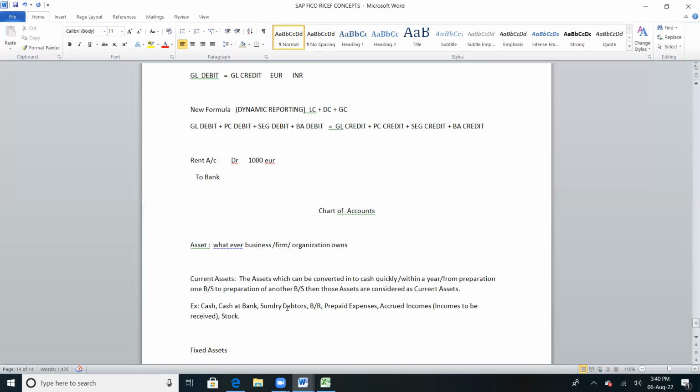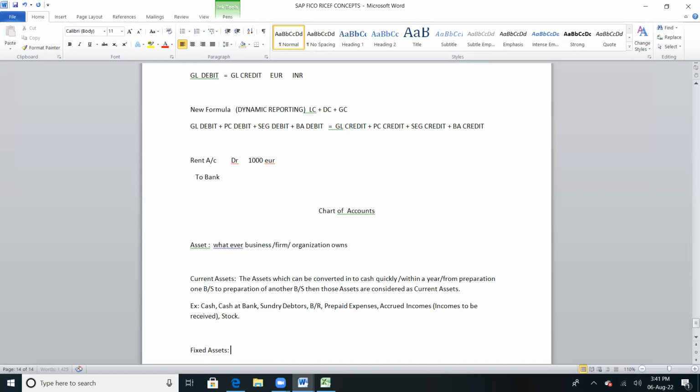But in the balance sheet, we club all the individual totals and call it sundry. Sundry is nothing but a group of data. Debtor is only one person, but when we write sundry debtors, it is a group of debtors, a number of debtors. Understood?